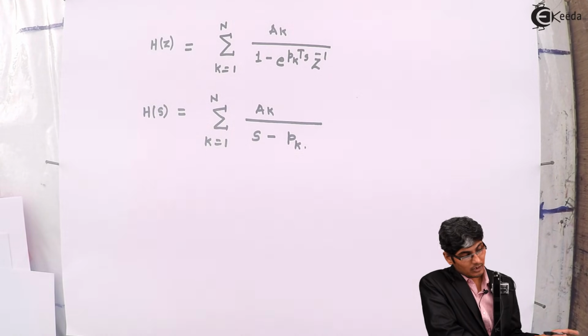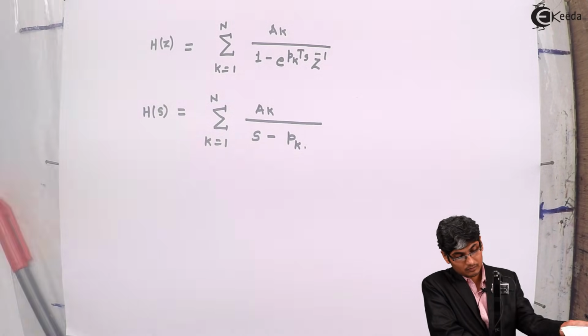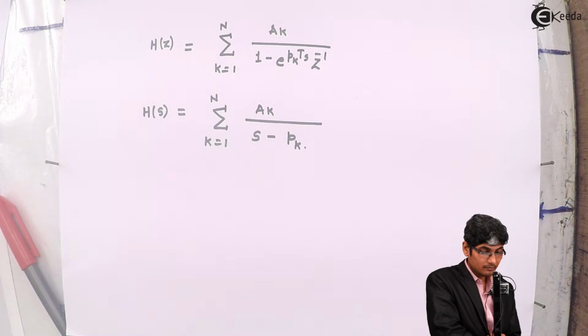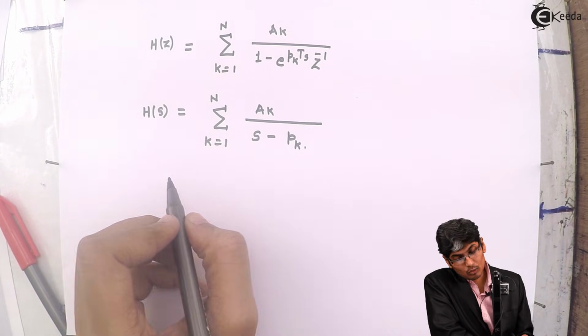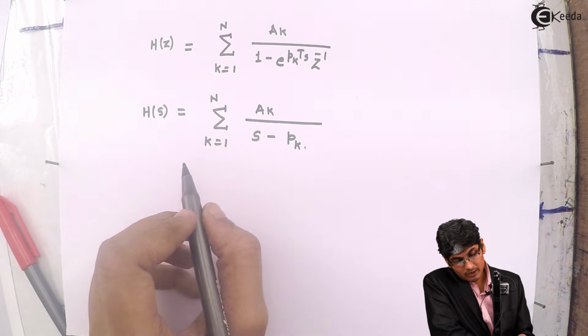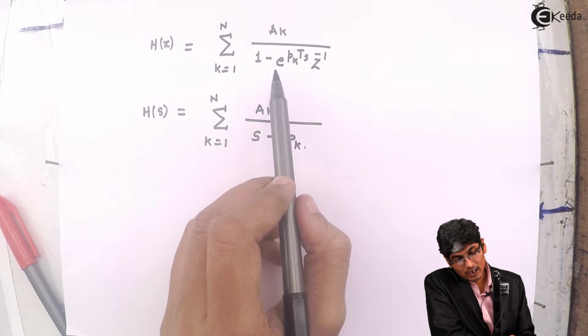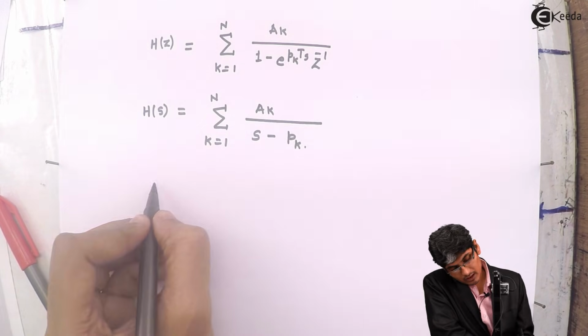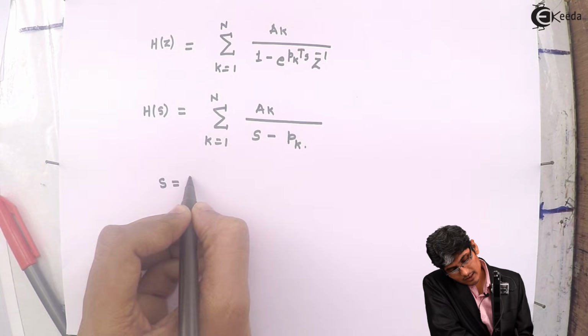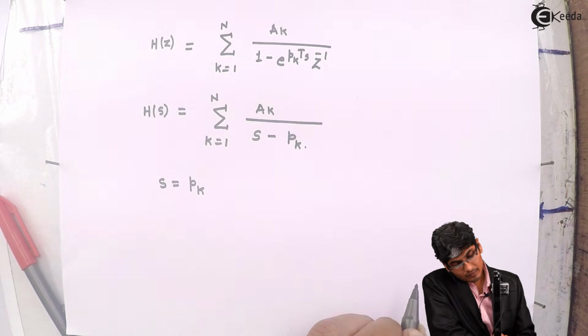Now if I compare both the equations, they look very similar. Here we have poles at p_k, whereas there we have the pole at e raised to p_k Ts.